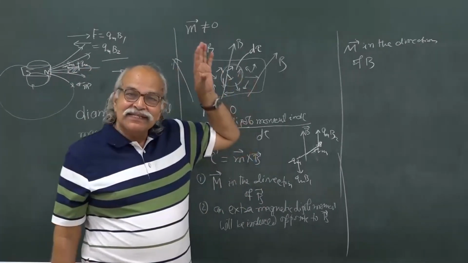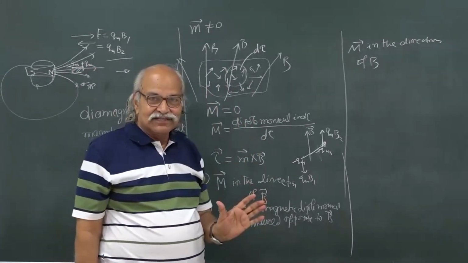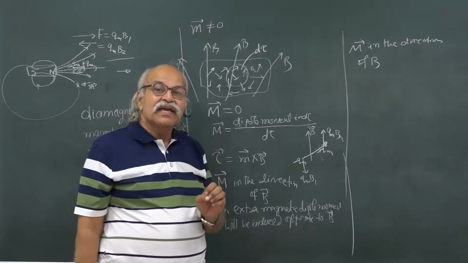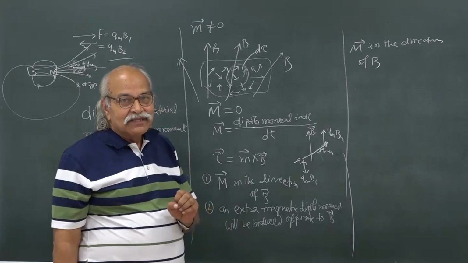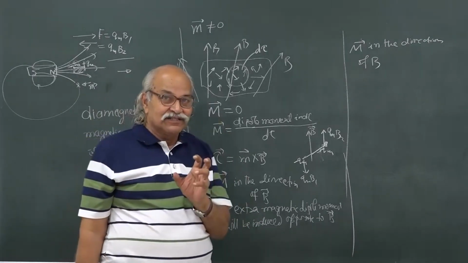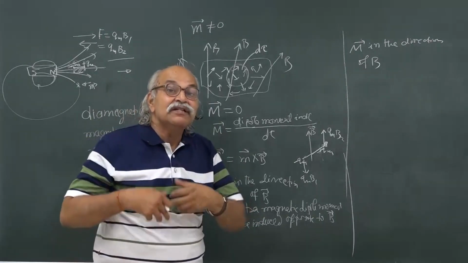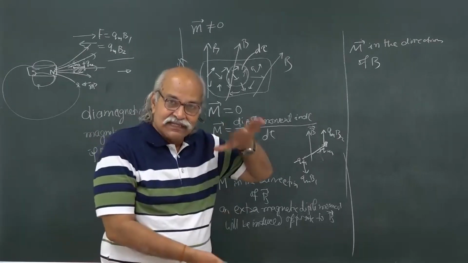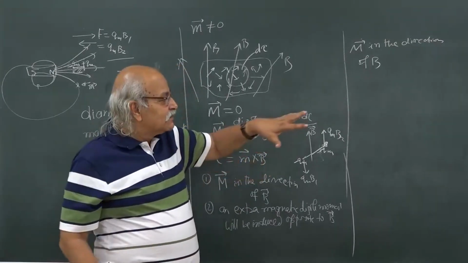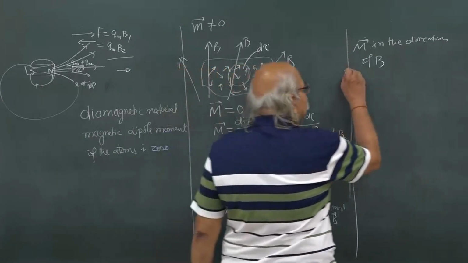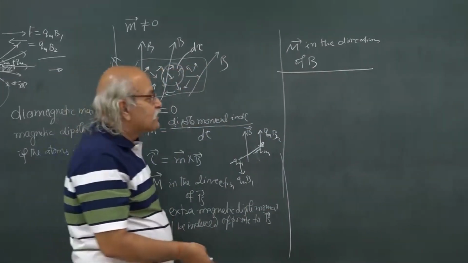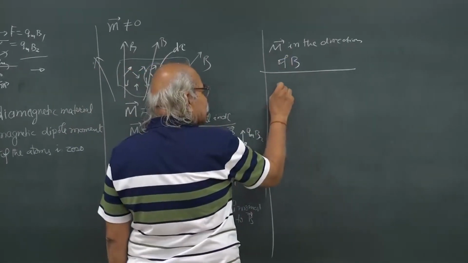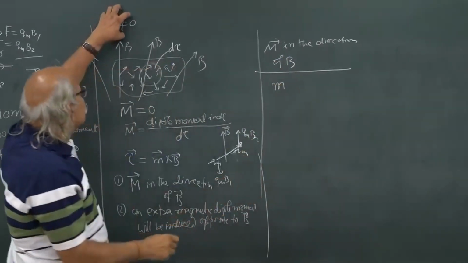Now, among this class of materials where the atoms have a magnetic dipole moment, there are a few materials which have an additional feature. It is in this class only, but there are some materials which we call ferromagnetic or anti-ferromagnetic materials, where the M is very much there, this M not equal to 0.